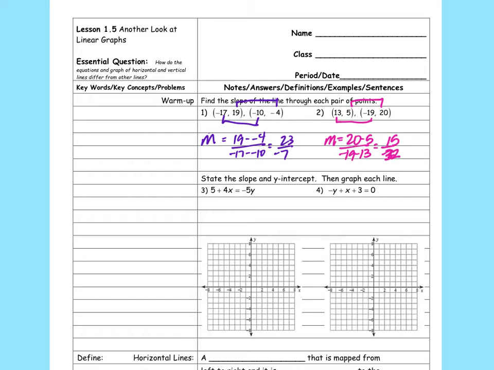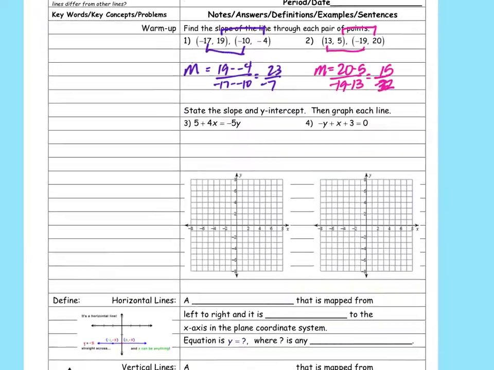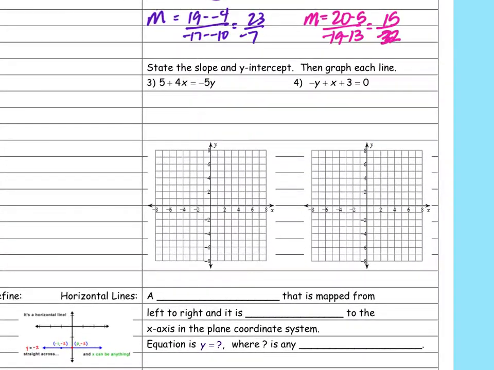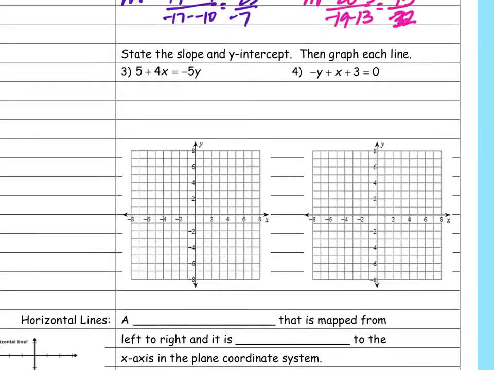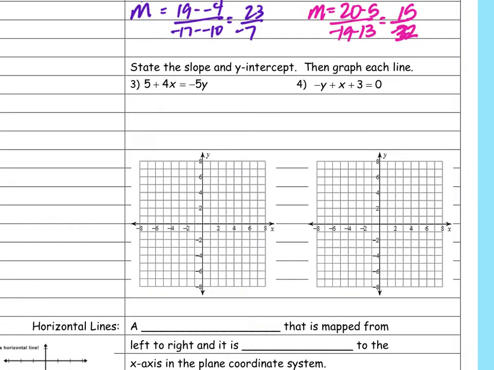And then for the next two, to graph them, I'm going to make them bigger. I need to solve for y first. So divide by negative 5. Y is going to equal negative 4/5 x minus 1, where my slope is negative 4 over 5, and my y-intercept is negative 1.